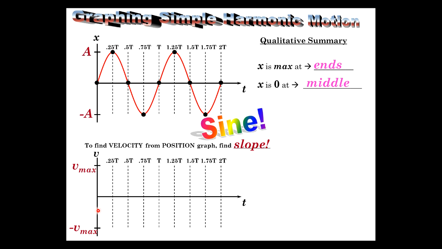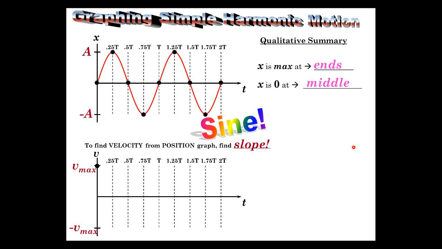So here we have Vmax and negative Vmax, maximum values of the velocity or speed in the plus and minus direction. Well, at the equilibrium point, if you recall, by observation you'll notice it's actually going fastest there. So at 0 point in time, we have maximum velocity.